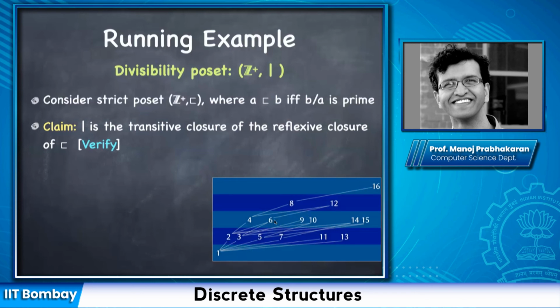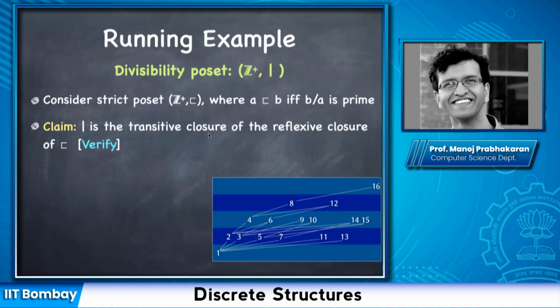Because I'll have 2, 6, 12, and now in the transitive closure there'll be a direct edge from 2 to 12. So whenever A divides B, in the new relation there may not be an edge from A to B, but there will be a sequence of edges, multiplying by one prime number at a time, that takes you from A to B.